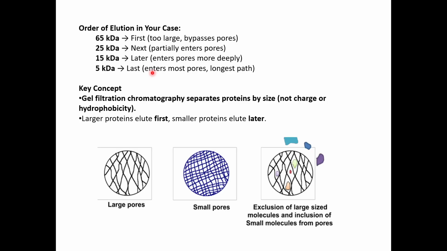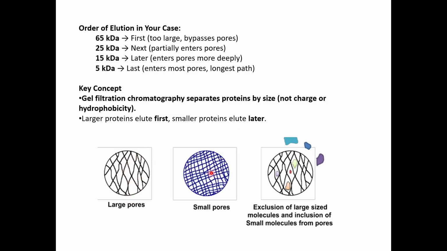And the last is 5, it will enter almost all the pores in its path and it will take the longest path. So this will be the order: 65, 25, 15, and 5. So the key concept to remember here is gel filtration separates based on protein size, not charge, not hydrophobicity. Larger proteins elute first and smaller proteins elute later.